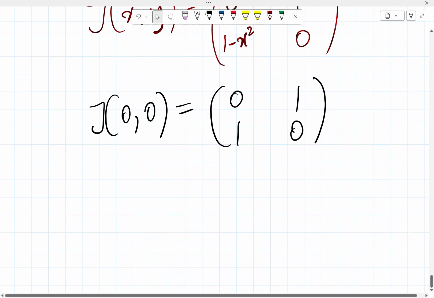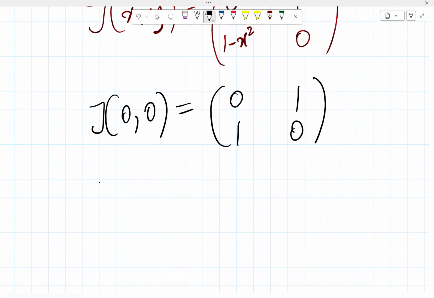Then we find the eigenvalues. To find eigenvalues, we take the determinant of J minus lambda I. This is 0 minus lambda, 1, 1, minus lambda. And the determinant of this is equal to 0.